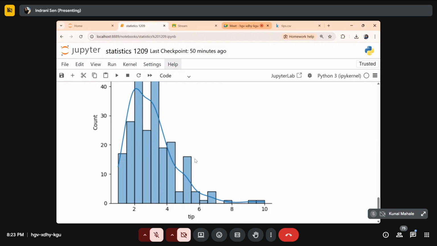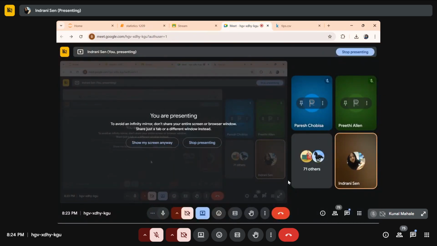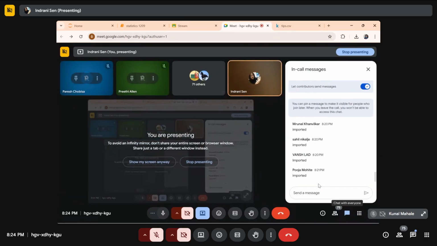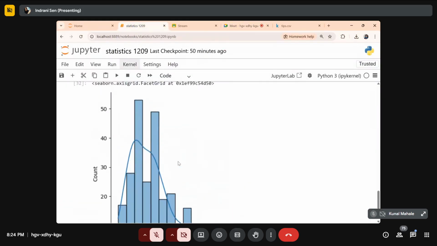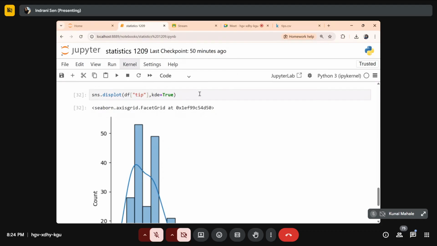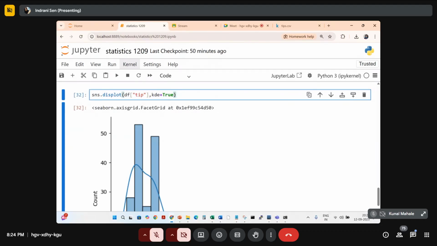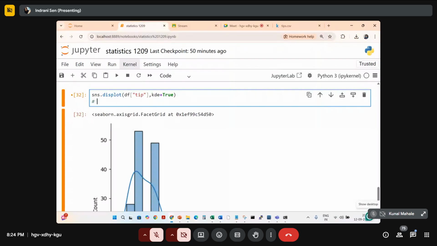Okay, so you can just write this is right skewed. Are you able to do this? What about the diagram? What about the visualization? Could you do it? So I'm writing the distribution plot shows that the data is right skewed. Right skewed is also called positively skewed.